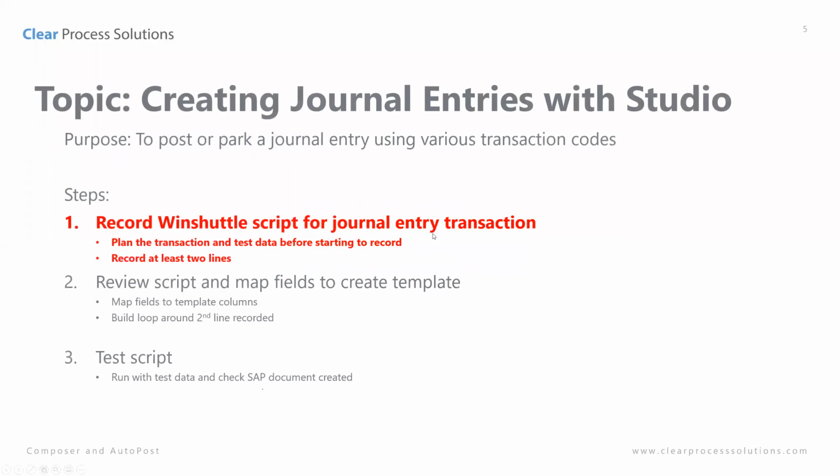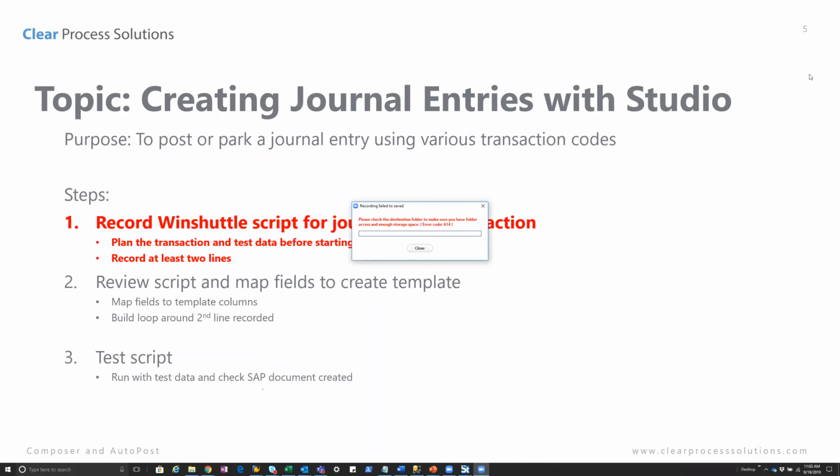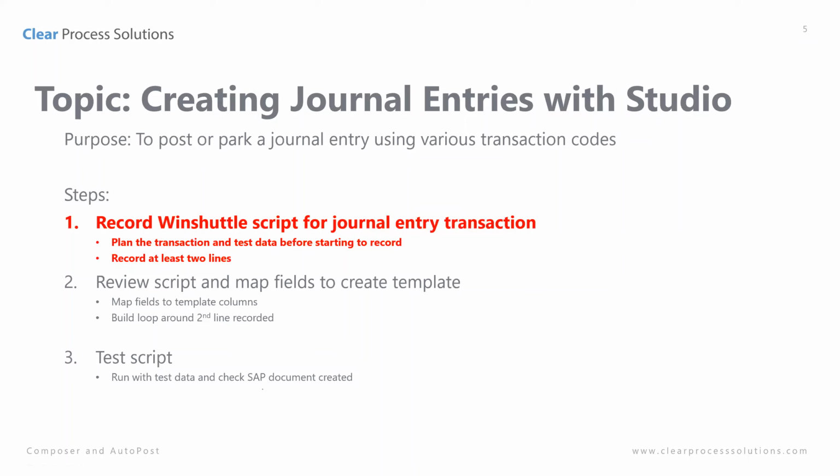So this topic will be creating journal entries using Winshuttle Studio. There's kind of three steps here. We're going to record the script for the journal entry transaction, and before you record any Winshuttle script, you should go into SAP and plan out the navigation of the transaction and how you will use it.